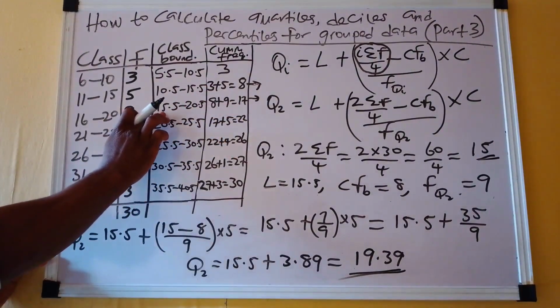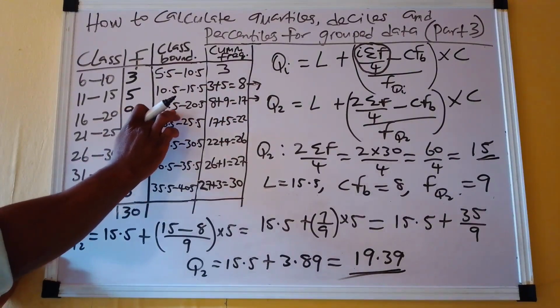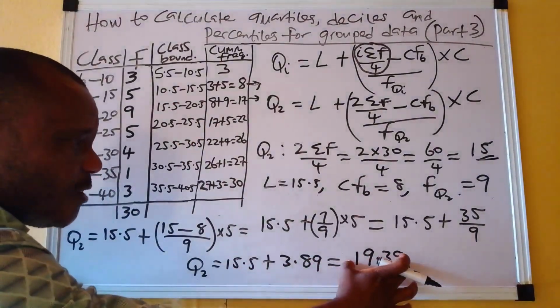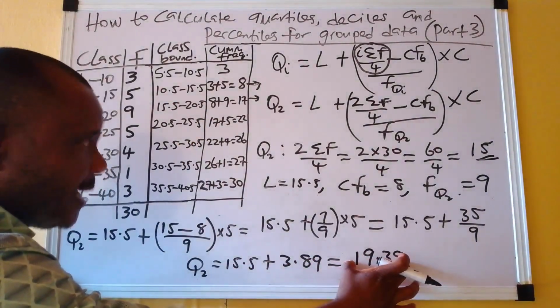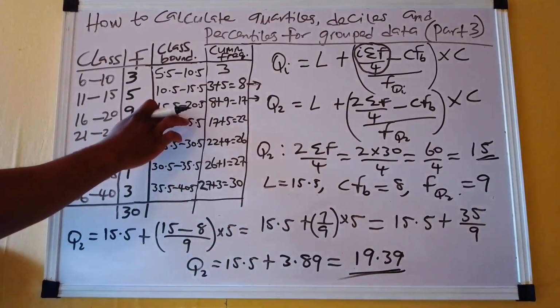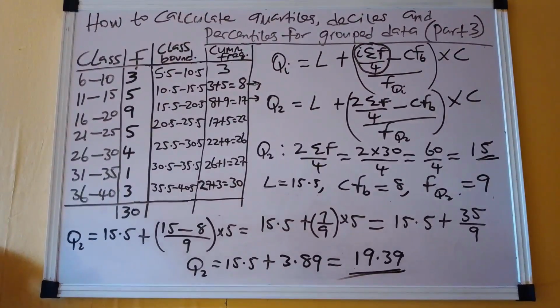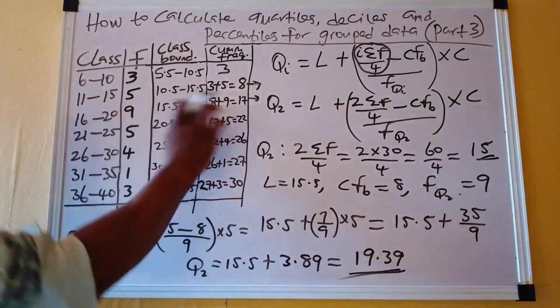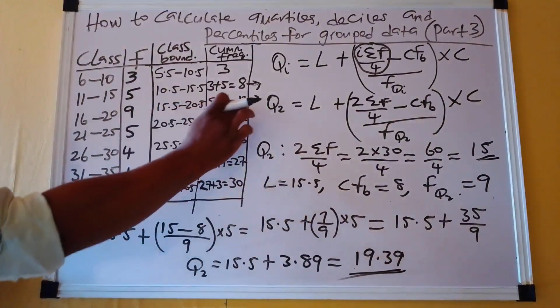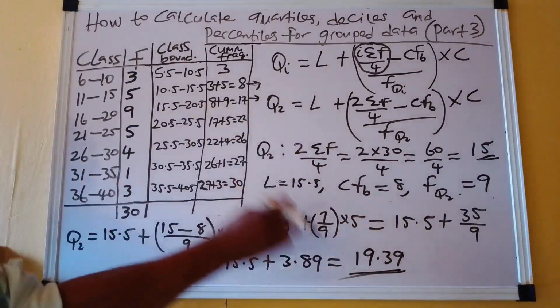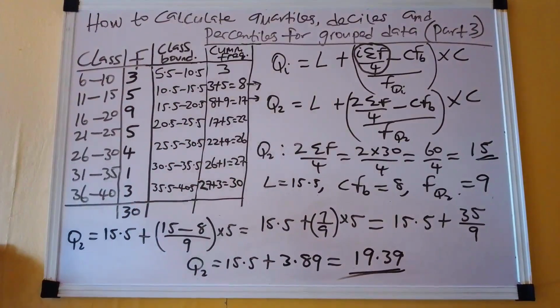The Q2 class is 15.5 to 20.5, and this particular value 19.39 falls within this class. So the value calculated must fall within that class.